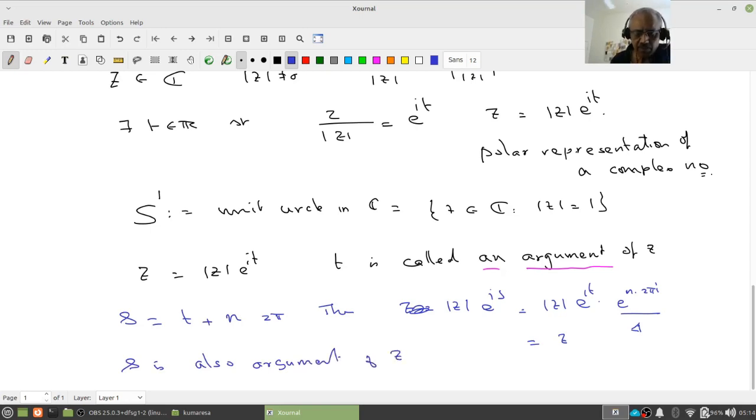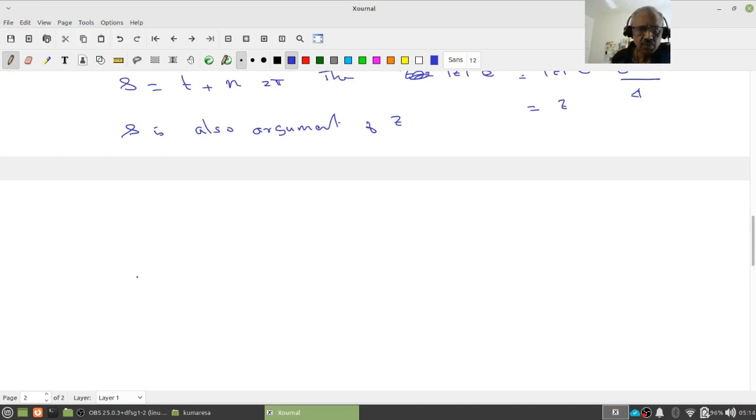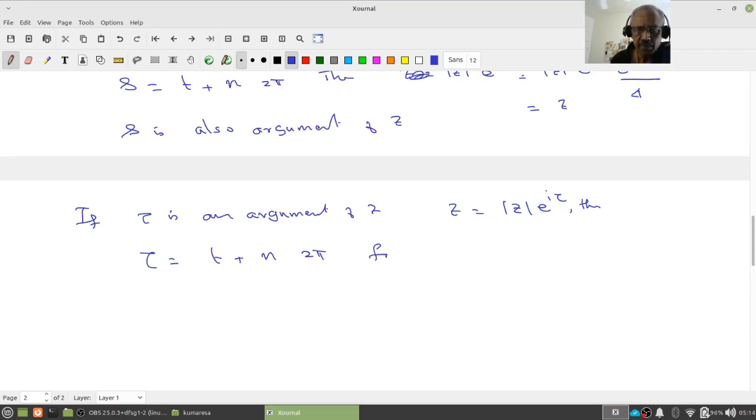Argument of z. Not only that, every argument of z is of this form. If tau is an argument of z, that means z equal to mod z e power i tau, then tau is of the form t plus n times 2 pi for some n.